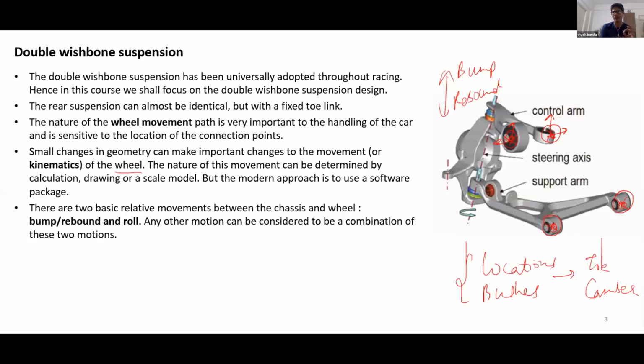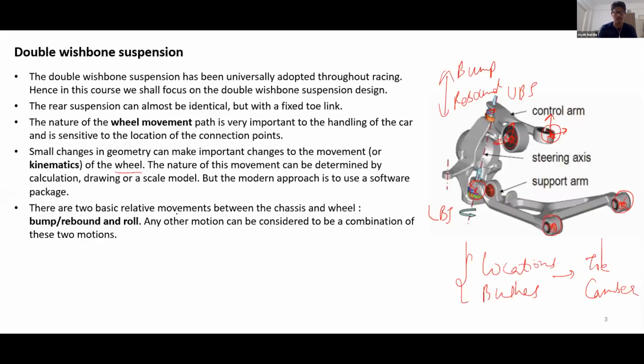The point where the suspension arms are linked to the chassis. Also, the points where the lower ball joint LBJ and the upper ball joint UBJ, the position of each of these locations is critically important to the kinematics of the suspension, right? So let us look at how we can optimize these locations and do it in a practical way.